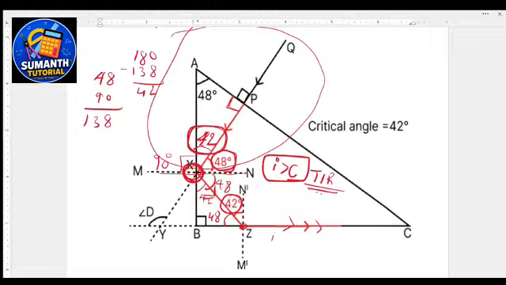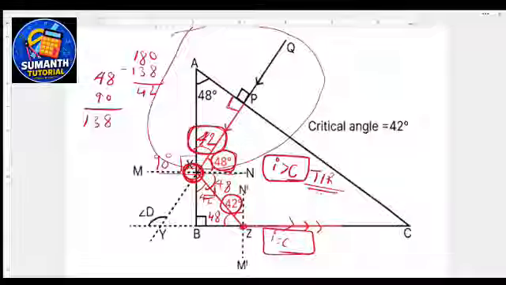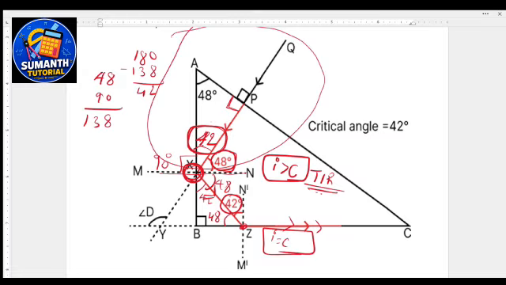See here, i is equal to C, the critical angle. At Z it is the critical angle, at X it is total internal reflection. The most important and easiest way is that you can redraw the diagram. See here, this is a most beautiful diagram. So if you know how to construct it, then surely you will get 3 marks here.